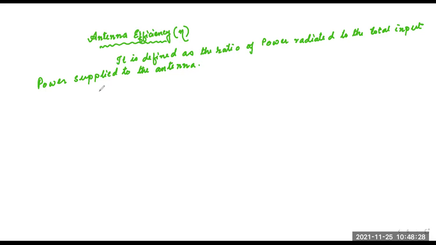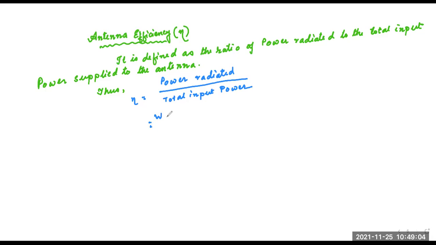So thus we can write eta equals power radiated by total input power. So that is represented by WR by WT.